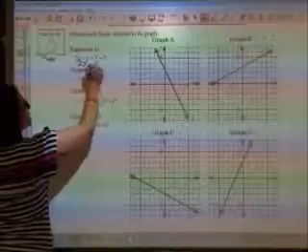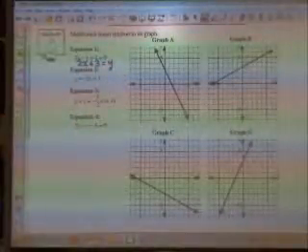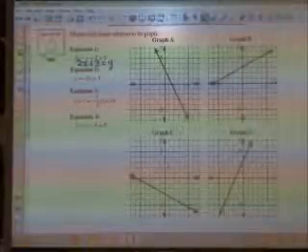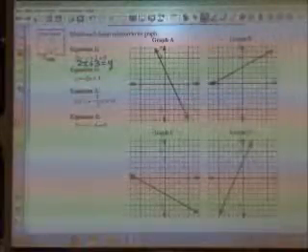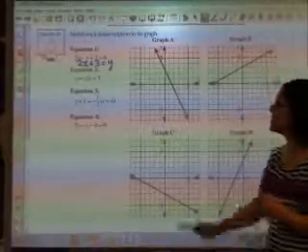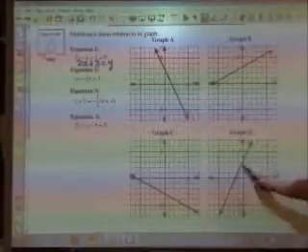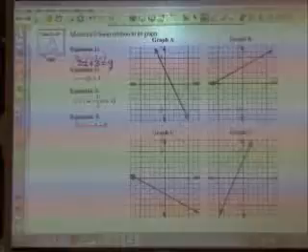So I could rewrite this as 2x plus 3 equals y. What equation form do I have there? The slope y-intercept form. So what is my y-intercept? Positive 3. So if I look at my graphs, A is positive 3, B is positive 3, and D is positive 3. So I've eliminated C.